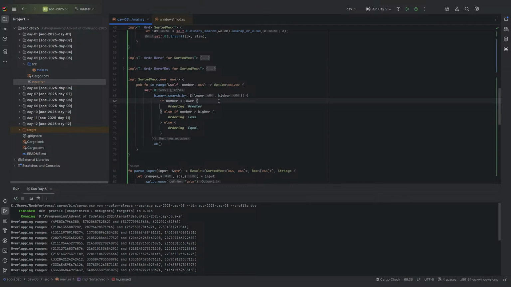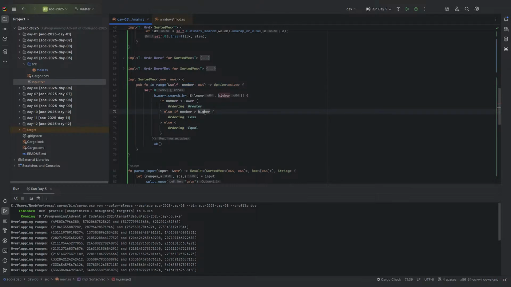Wait a second. Let's think about this one again. So searching through a bound. If the number falls below the lowest bound, indeed this range is too big.